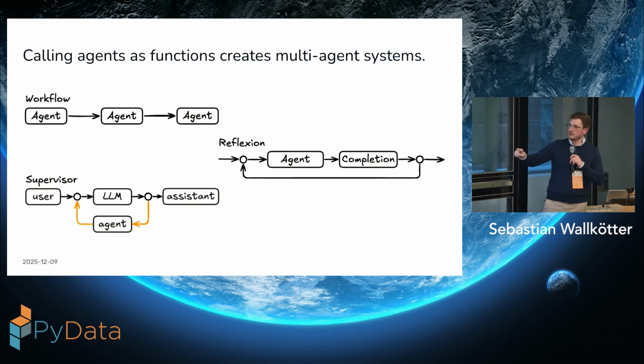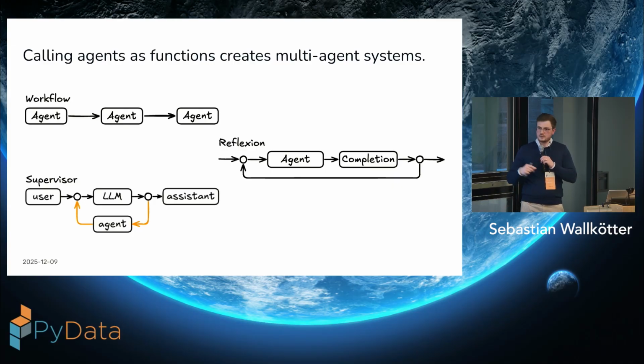The second pattern is the supervisor pattern. The way that works is you have two types of agents. One is called the supervisor agent, which is a classic agent pattern, except that all its tools are actually agents as well. And then you have the actual worker agents, which have normal agent design with normal tool calls.